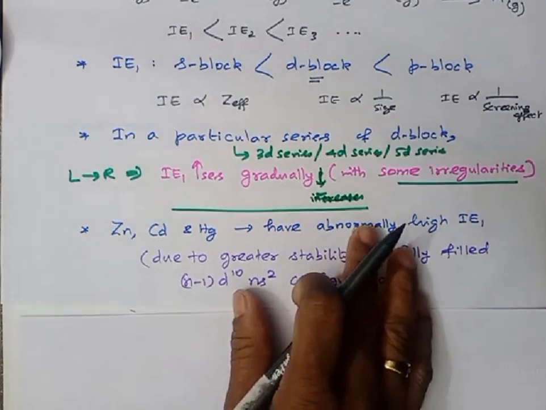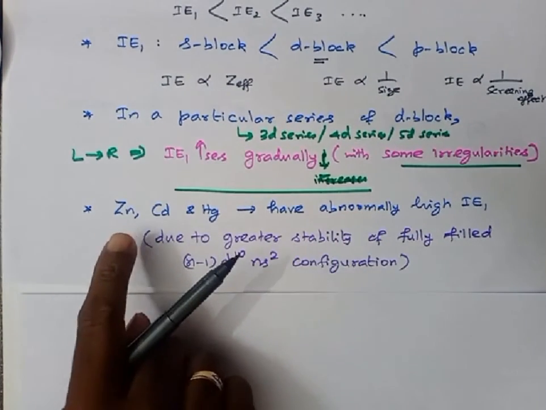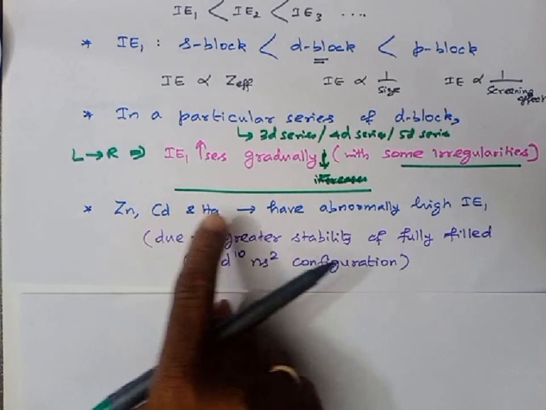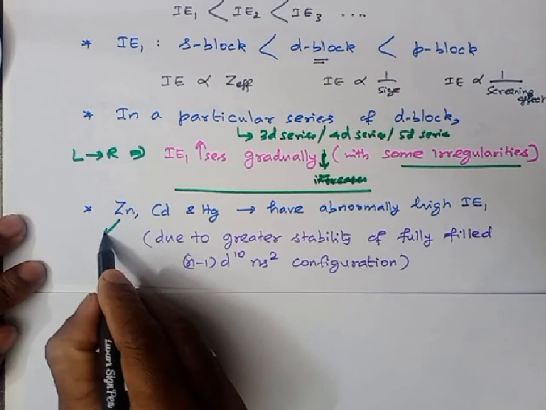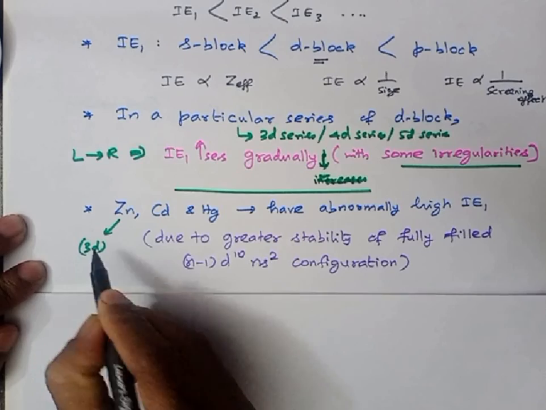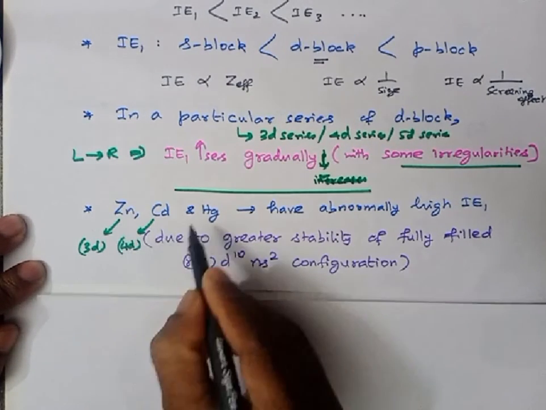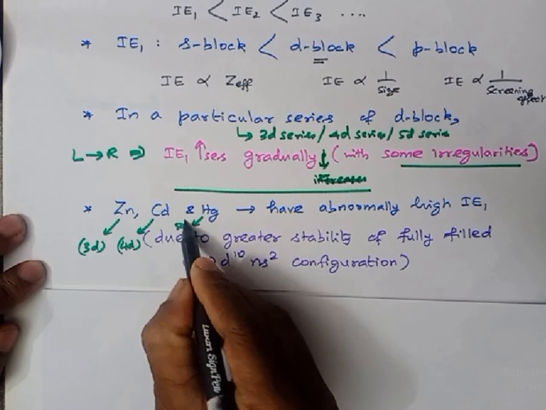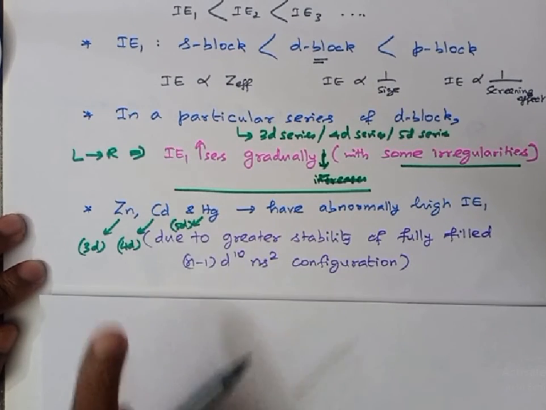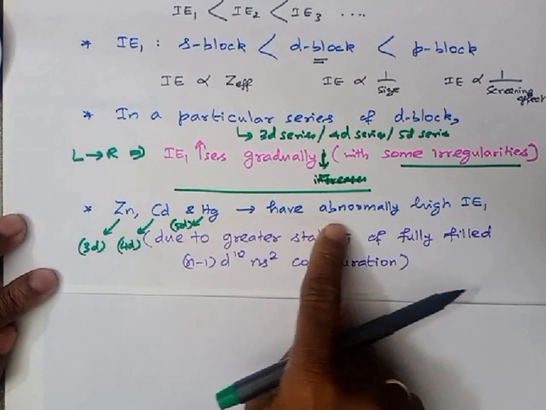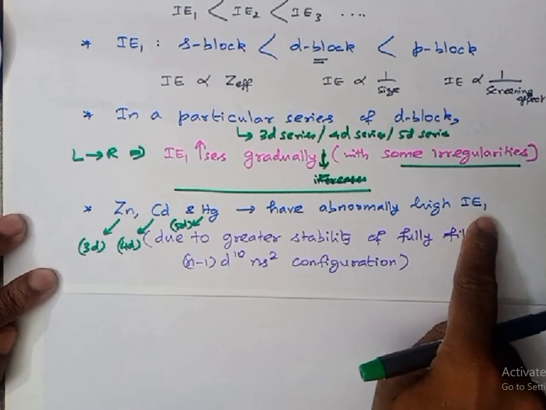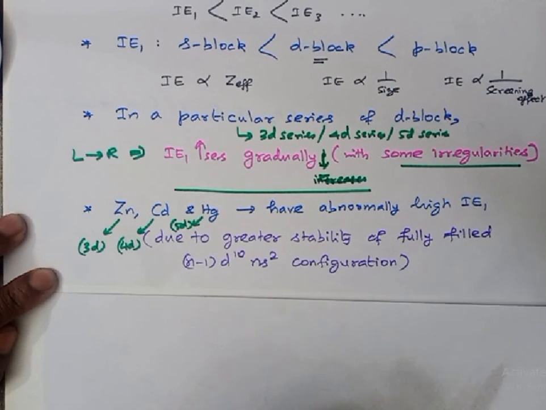Then, next important point. What about zinc, cadmium, mercury? Zinc is the last element of 3D series. Cadmium is the last element of 4D series. And mercury is the last element of 5D series. Zinc, cadmium, mercury have abnormally high first ionization energy. Why?